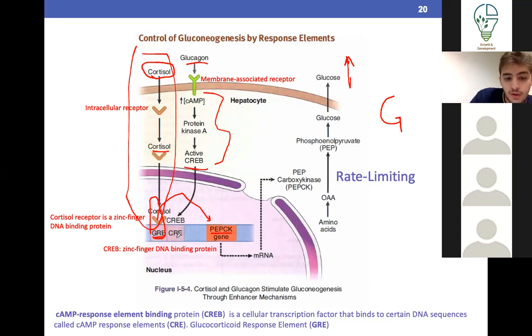CREB will bind to another enhancer called CRE, and this entire complex will increase the rate of production of mRNA, which will then be translated into PEPCK, forming more glucose. And you should know this: when glucagon is released, it usually stimulates the liver or hepatocytes to secrete more glucose.